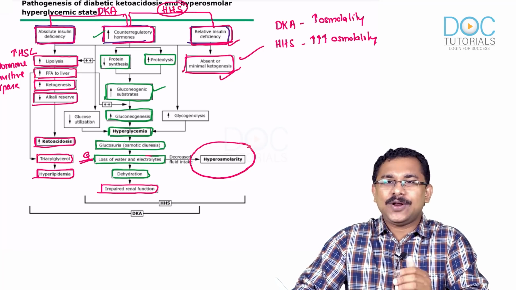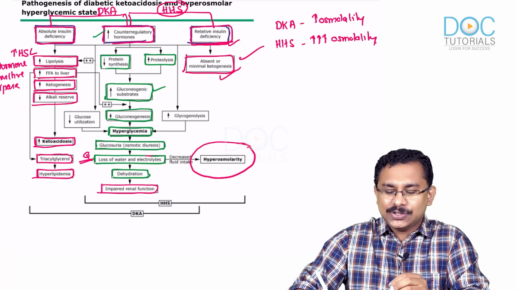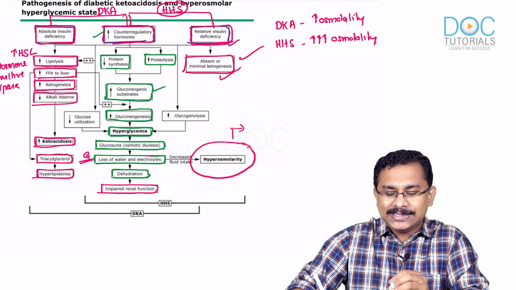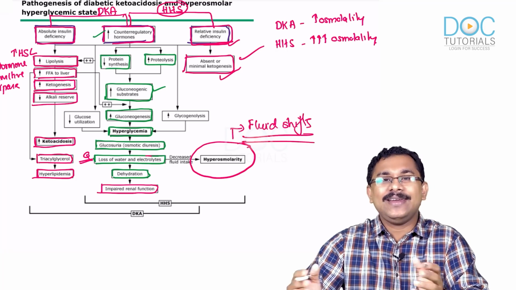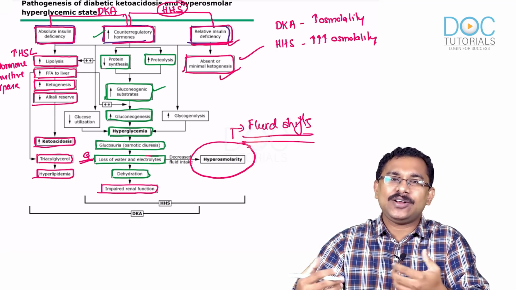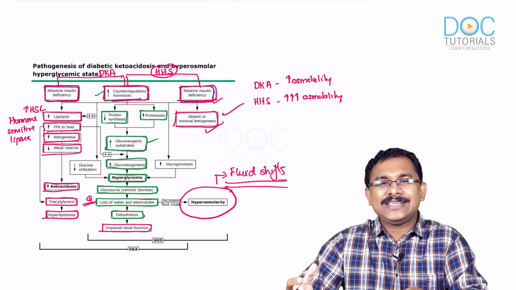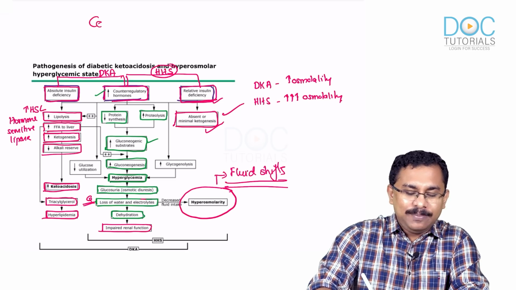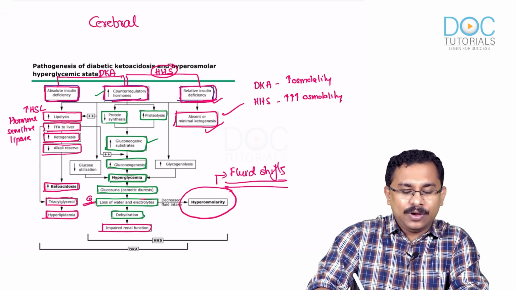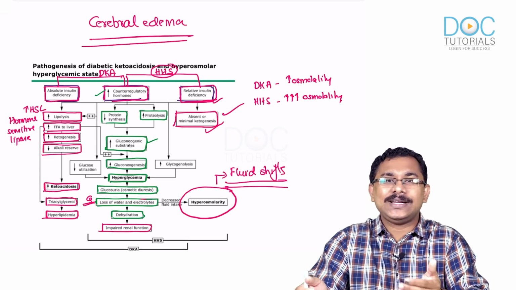Whenever there is hyperosmolarity, it is not good for your brain, because a hyperosmolar state will cause fluid shifts in your brain, which can subsequently cause damage. It is because of these fluid shifts that you can have cerebral edema as a complication of diabetic ketoacidosis as well as the hyperglycemic hyperosmolar state.